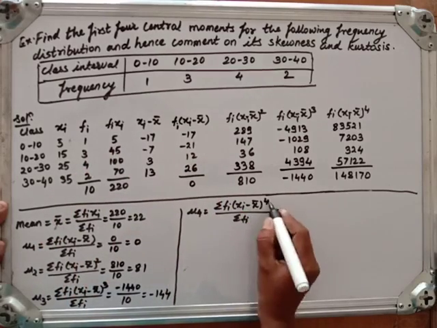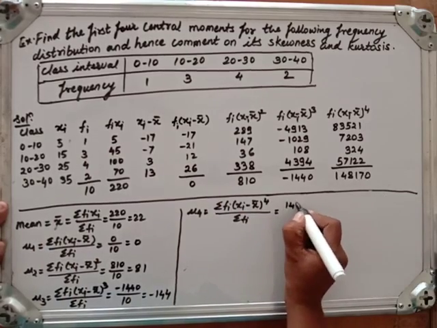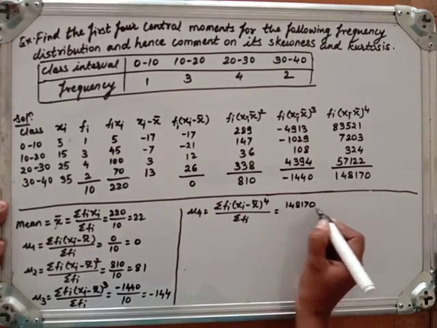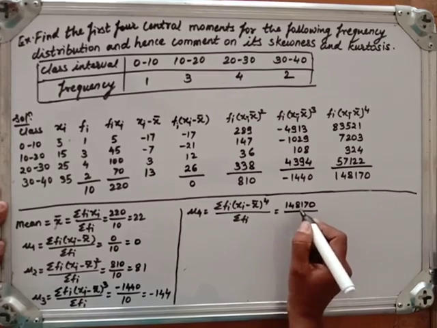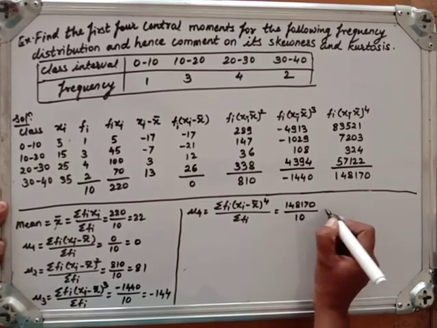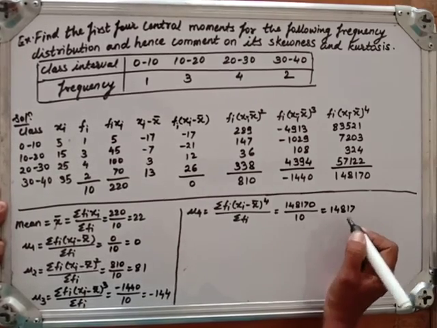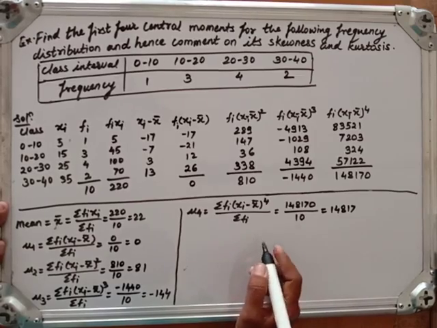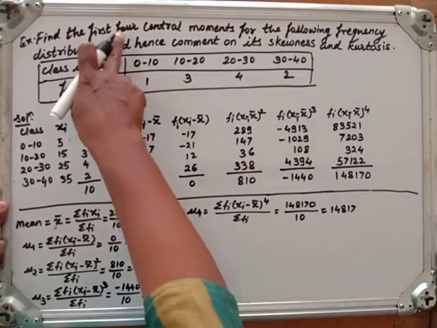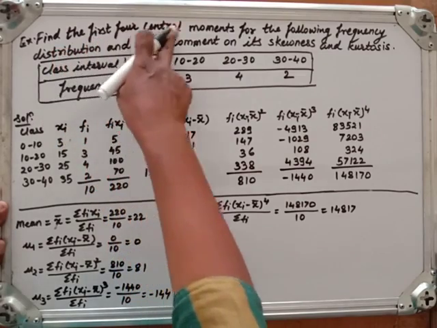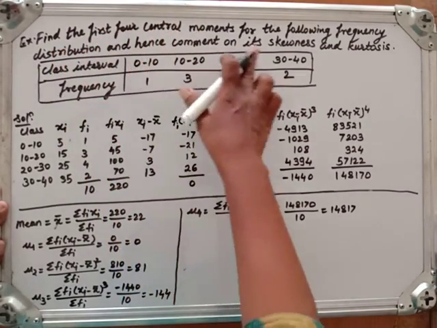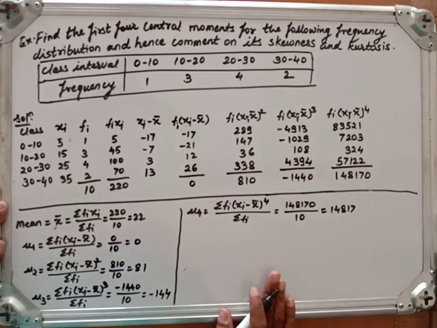So here raised to 4, this one is 148,170 upon 10. So this is 14,817. This is mu4. Now this is about the first part. We have to find the first 4 central moments here. Now we have to comment on skewness and kurtosis also. So for skewness and kurtosis, we need to find the Pearsonian coefficients.